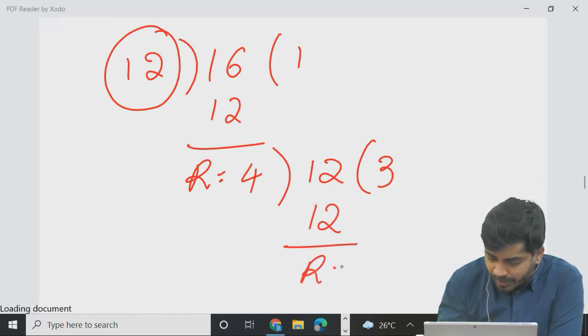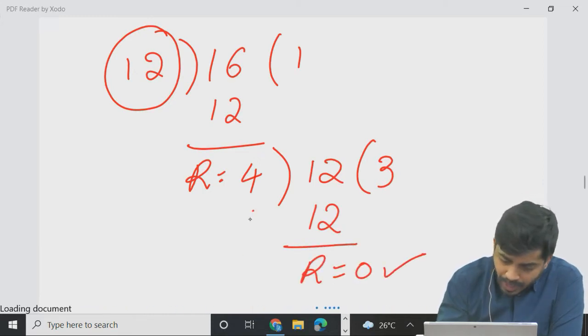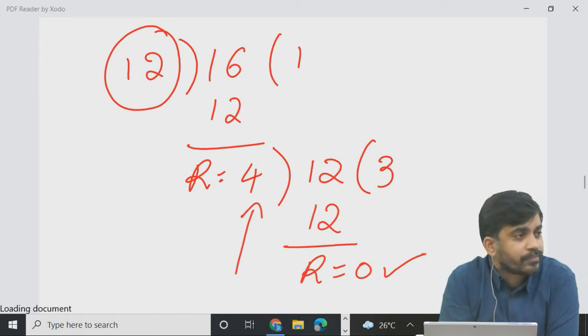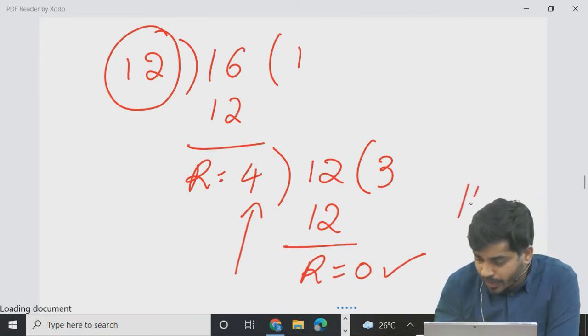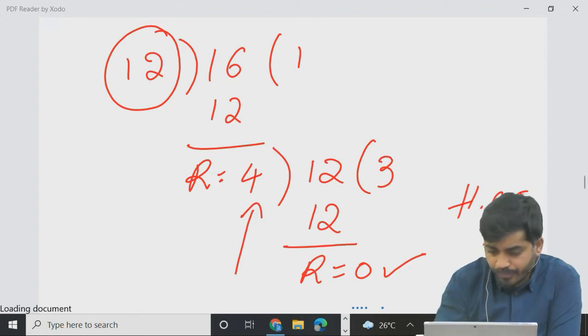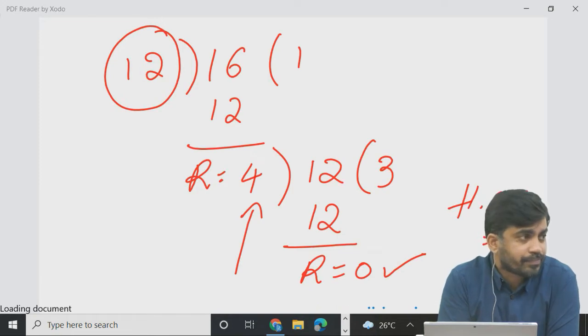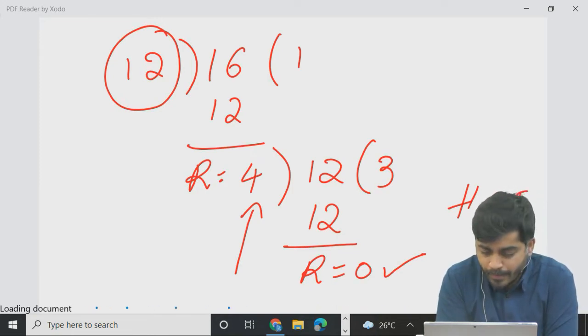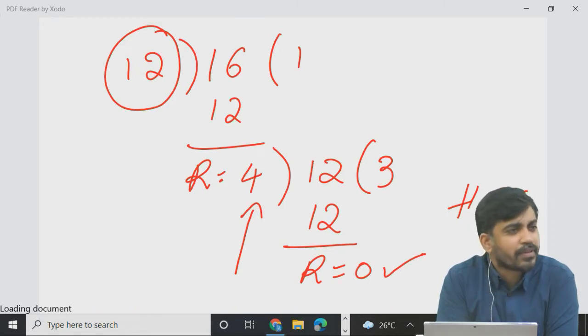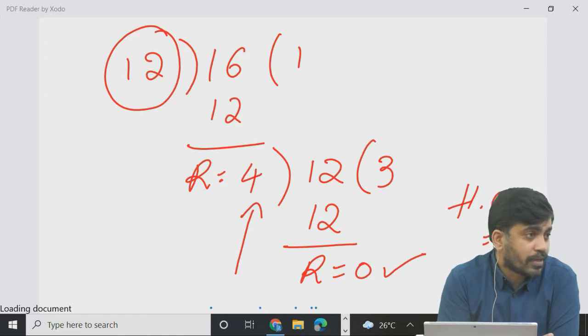Whenever the remainder is 0, the last divisor is 4. So HCF is 4. This method is actually called the division method. Even this method takes some time when numbers are very big.